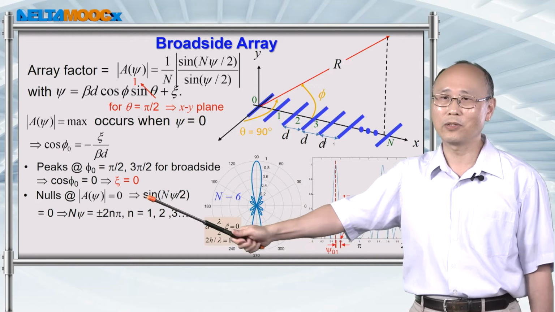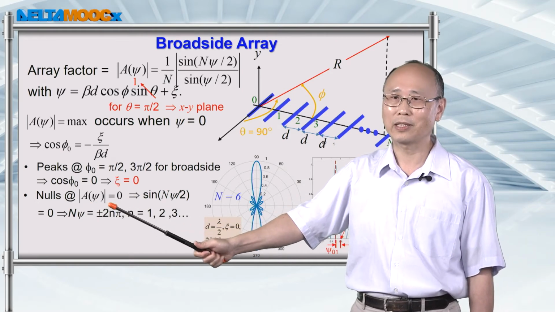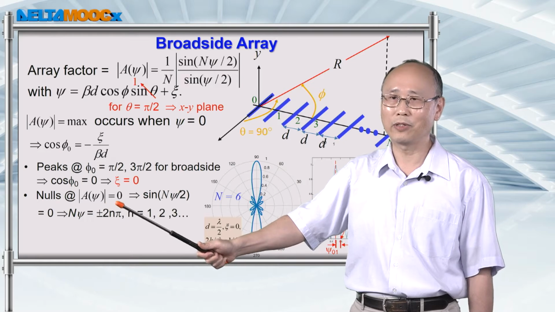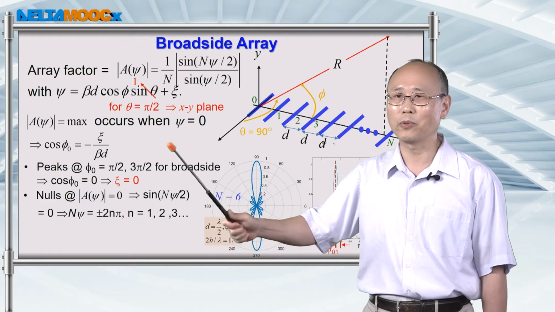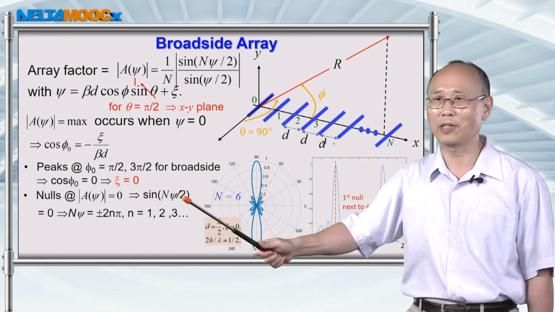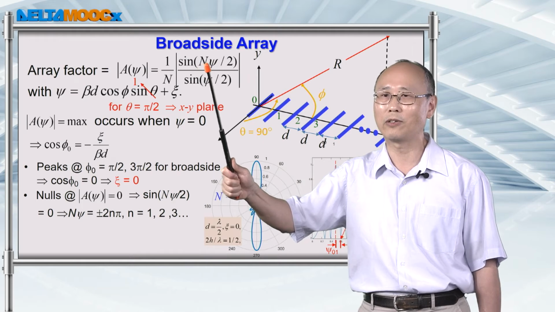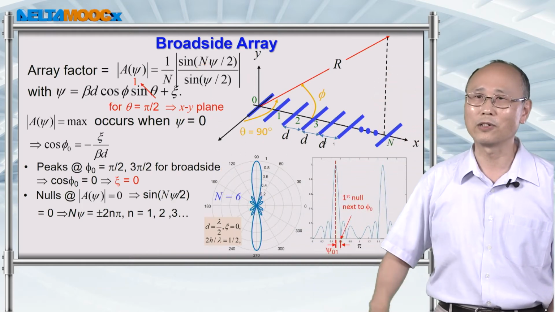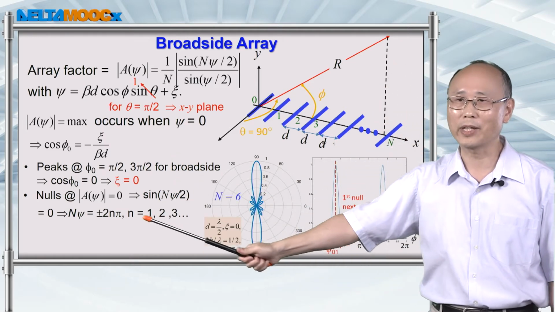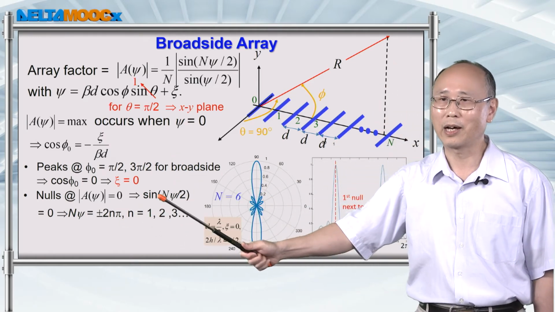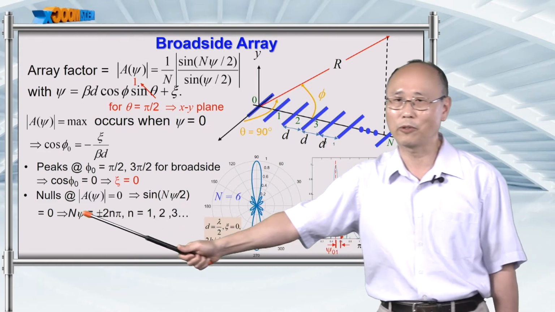So let's look into the nulls of this array factor. Set A of psi equal to 0, and you're going to see that this will happen when sine of N psi over 2 is equal to 0, because when this is 0, then you have 0 for A of psi.